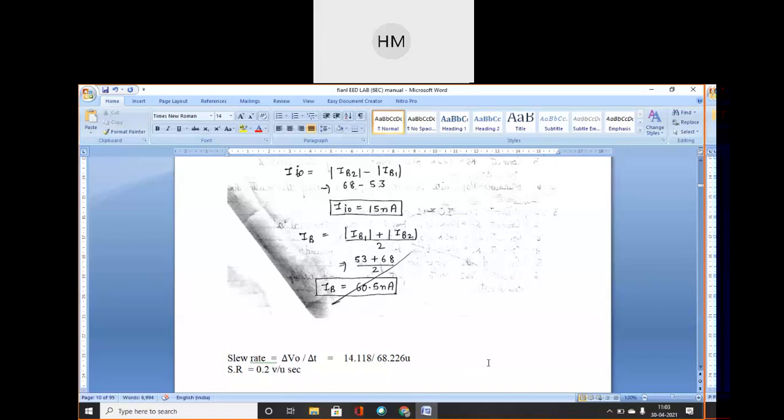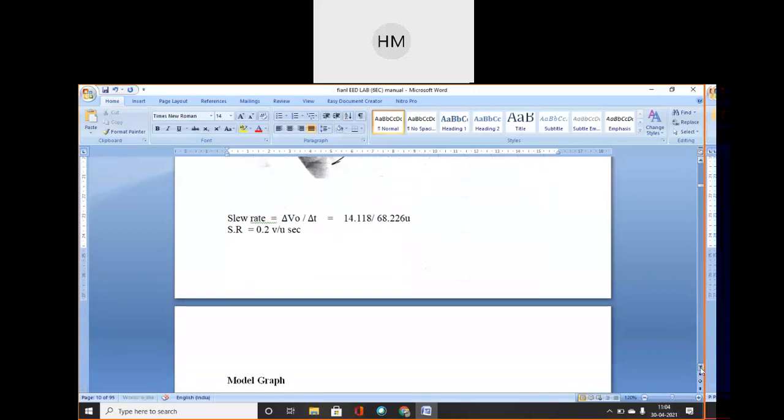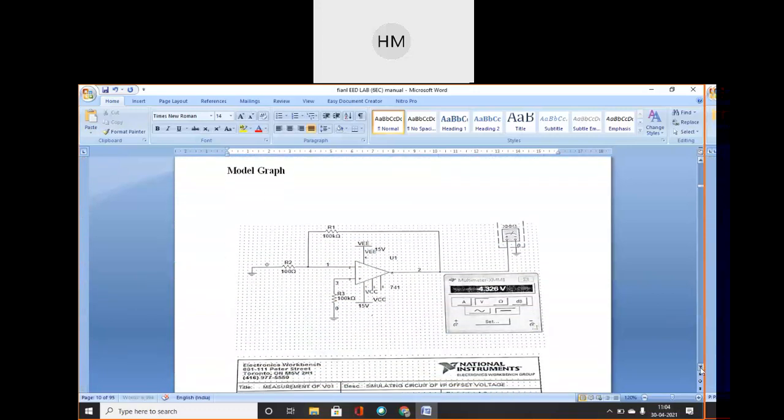But whenever we are performing on software, generally approximately the same values come. And it depends on how much input voltage you are applying. Clear? And always delta V will be the highest value. So slew rate can be up to 0.5 volts per microsecond. Is it clear?